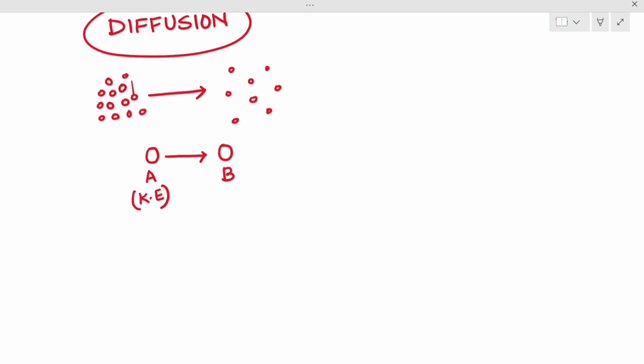When colliding with molecule B, A transfers some of its kinetic energy to B. Now B has kinetic energy and will move toward another molecule, suppose C. When B collides with C, B shares some kinetic energy with C. Now C will collide with some other molecule and transfer some kinetic energy, and in this way the movement of molecules takes place.